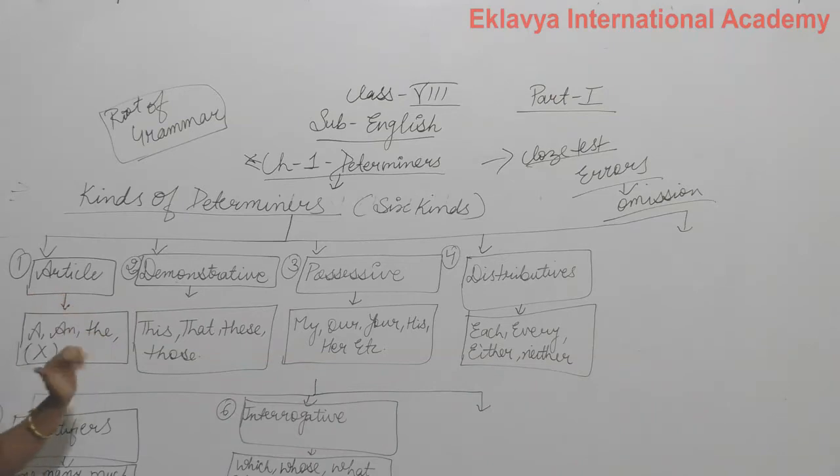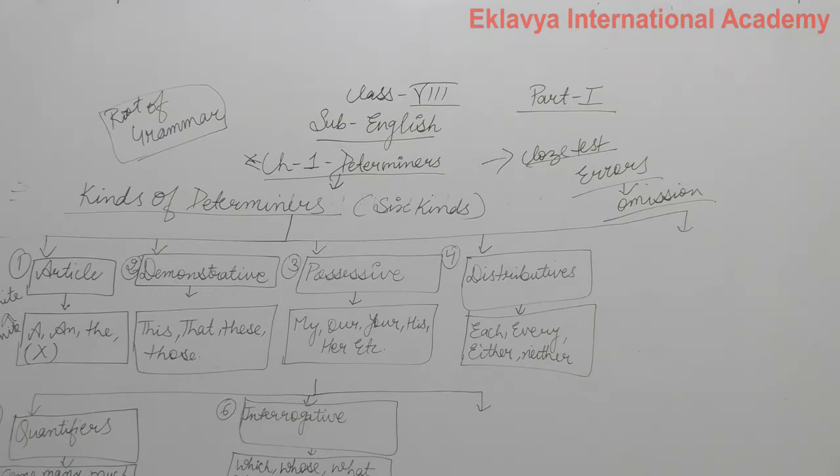So this is the article. Now articles are of 2 kinds: one is definite and another one is indefinite. This topic we will discuss separately.